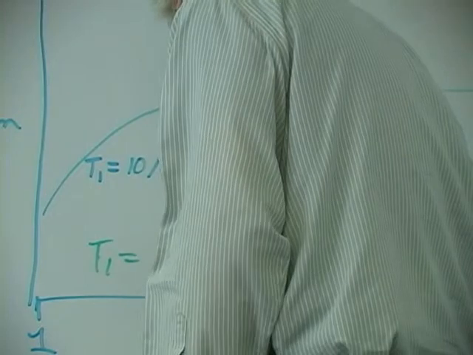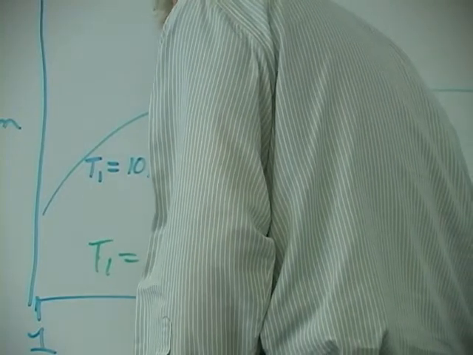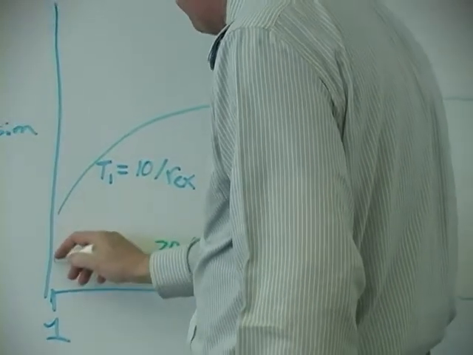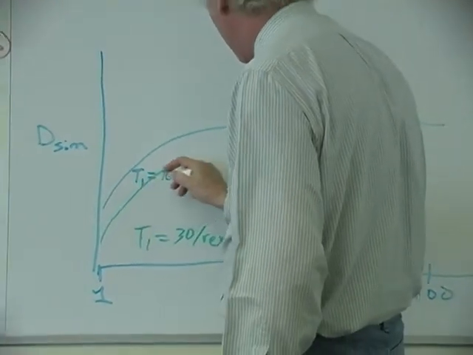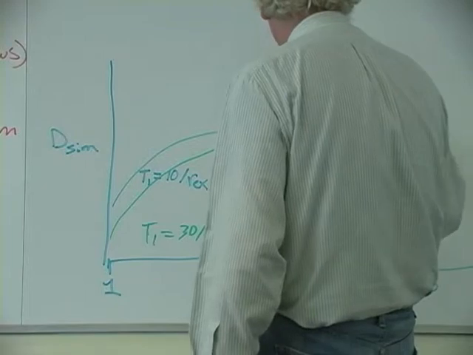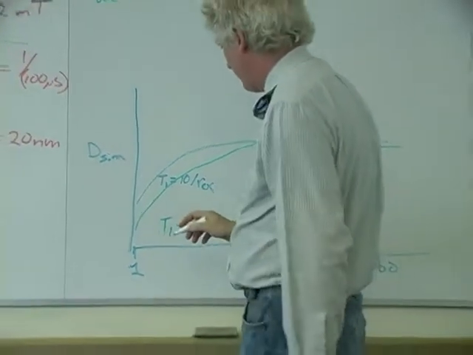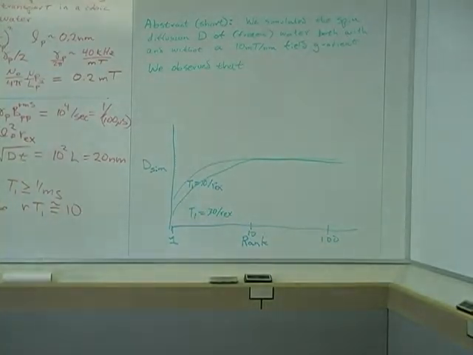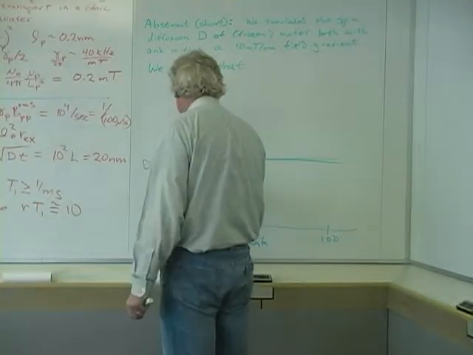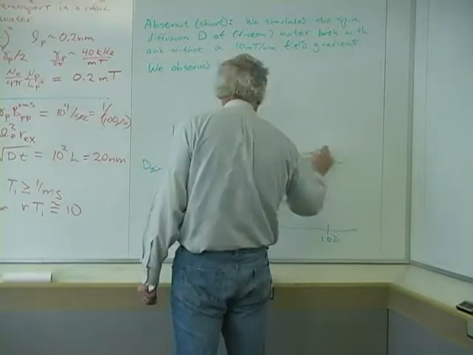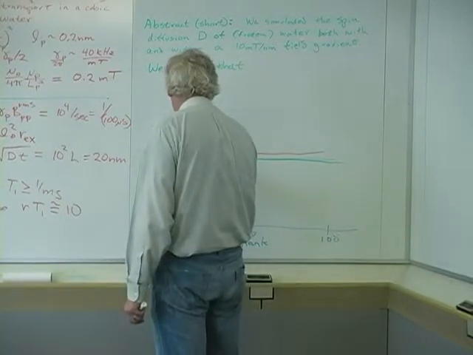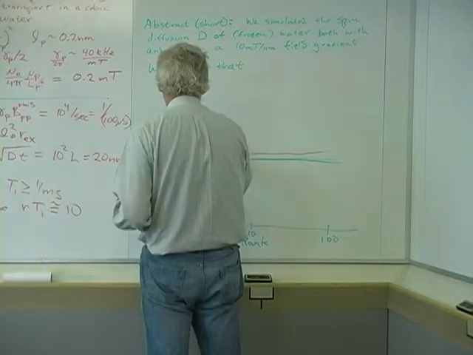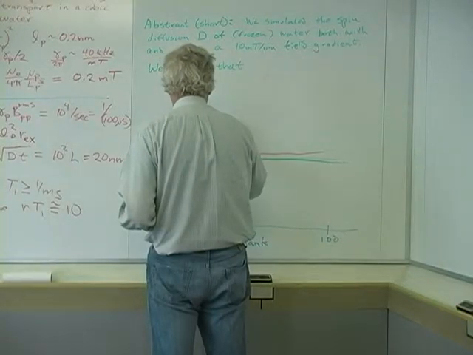I'll make it less noisy, 30 over R. And here I think we're going to get very similar values. And then in red, I'm going to do a really quick and dirty simulation. This is going to be T1 equal to 3 over R.